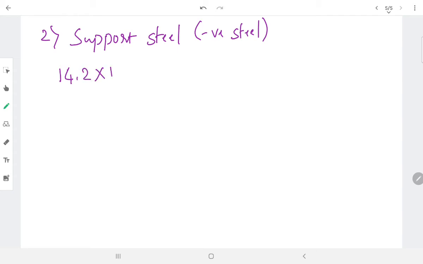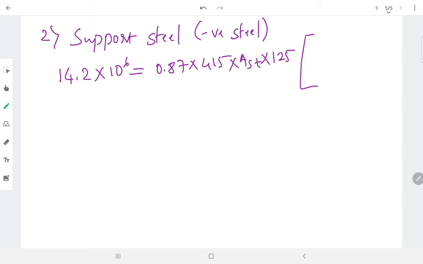Next one is support steel. Let's calculate support steel, that is negative steel. Support moment is 14.2 into 10 raised to 6 equals the same formula, 0.87, Fy is 415, AST, D is 125, into 1 minus AST into 415 divided by B D FCK.